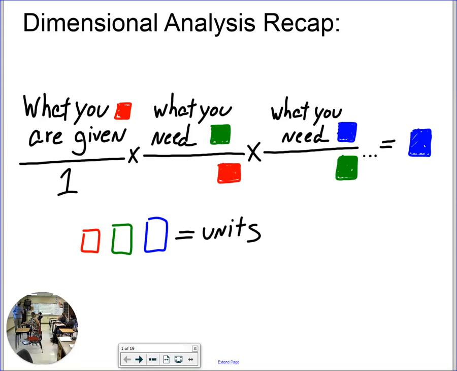Before we get into how stoichiometry works, I just want to do a very quick refresher. If you remember way back at the start of the year, we did dimensional analysis. We just kind of dipped our toes into it, played around with it. The whole idea there is it's a way of doing conversions by taking whatever you're given in a problem, putting it over 1, turn it into a fraction, and then you're going to use conversion factors for however many steps you need to convert in order to change it into what you need.